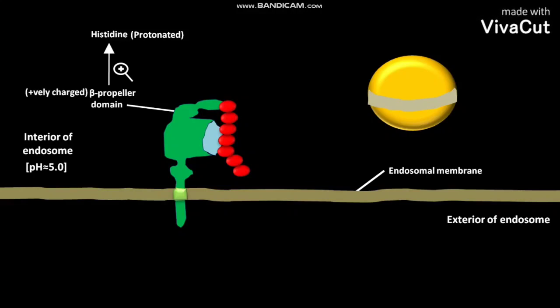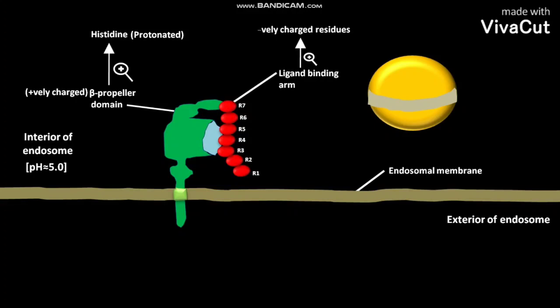This is the ligand binding arm of LDL receptor. This ligand binding arm has 7 imperfect repeats called R1, R2, R3, R4, R5, R6 and R7. The ligand binding arm of LDL receptor has negatively charged residues.